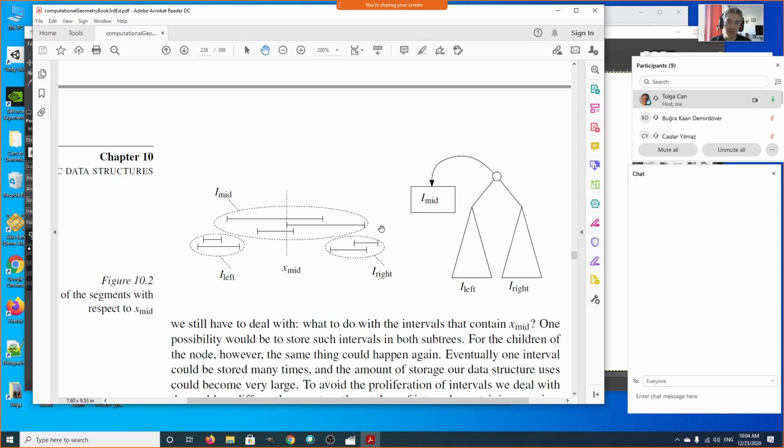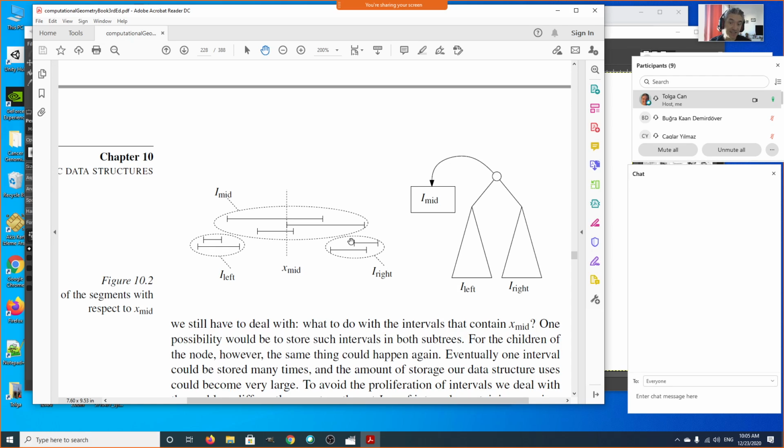The x value will be our key, and the intervals that are strictly to the left of x mid are going to be the set I left, which means that if the right endpoint of a segment is less than x mid, it's a member of the set I left.